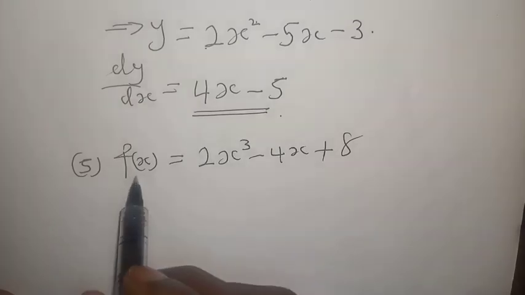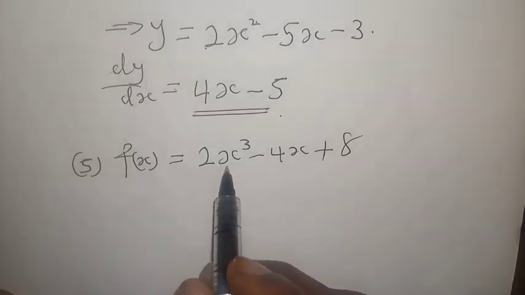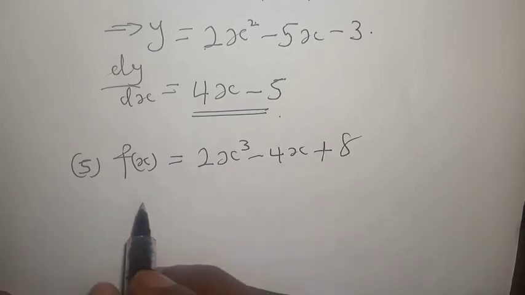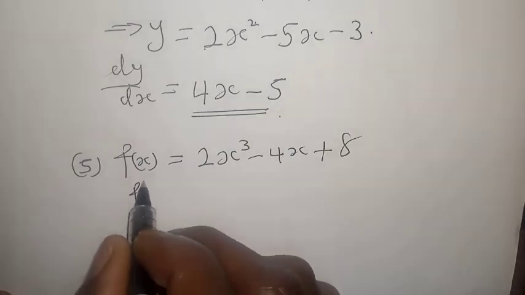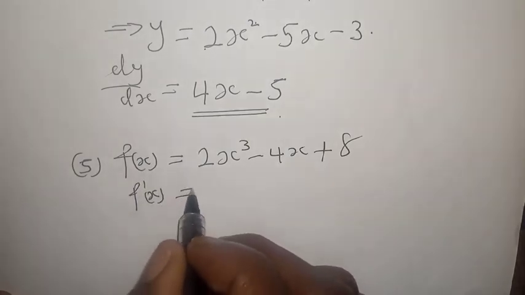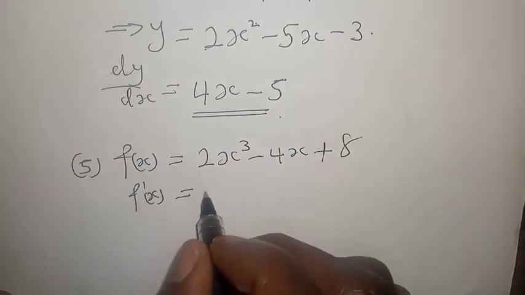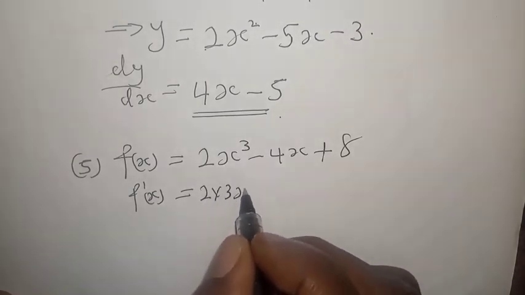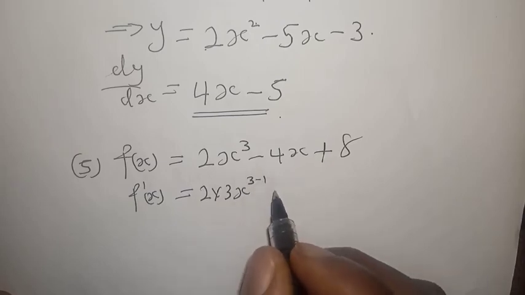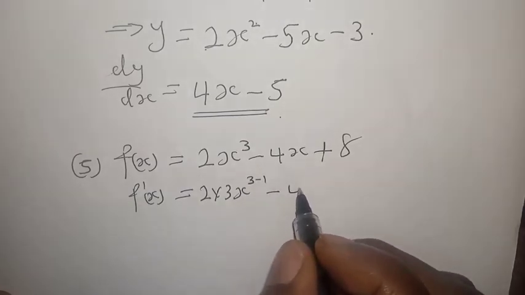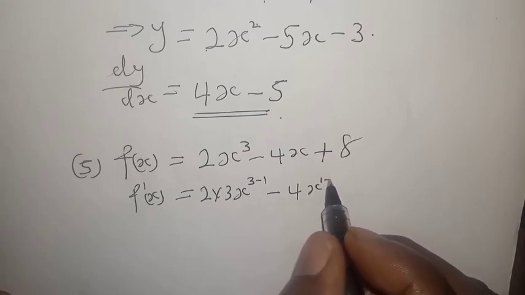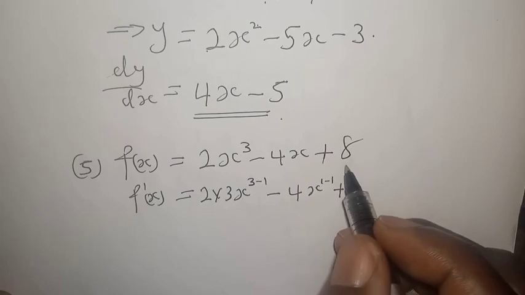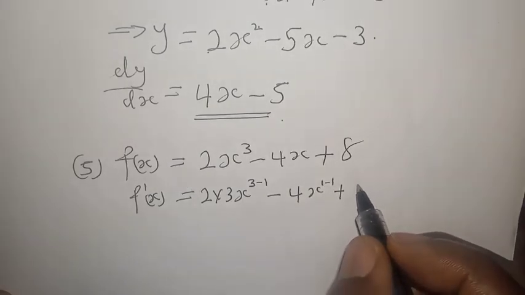Number 5. f of x is equal to 2x raised to power 3 minus 4x plus 8. Then f prime of x is equal to what? 2 times 3x to the power 3 minus 1, minus 4x to the power 1 minus 1, plus, if you take the derivative of a constant, it will be 0.